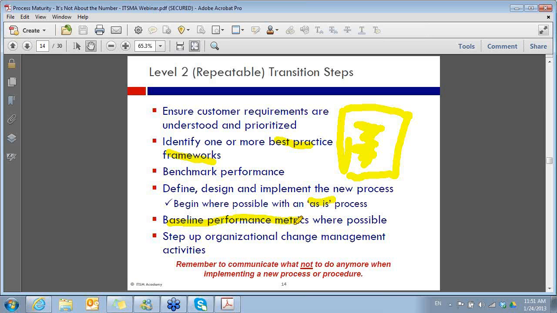So baseline something, anything, so that somewhere down the line you can show that we've been able to increase the efficiency of this process or reduce the number of or increase the number of, right, whatever is the goal associated with that particular process.